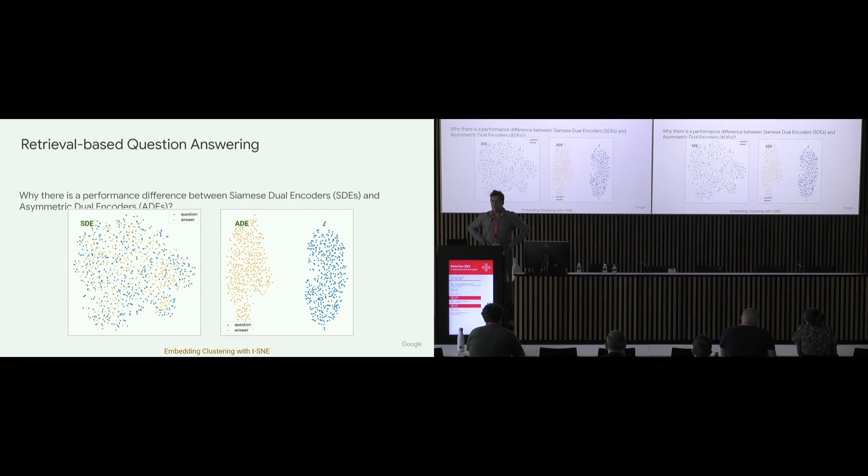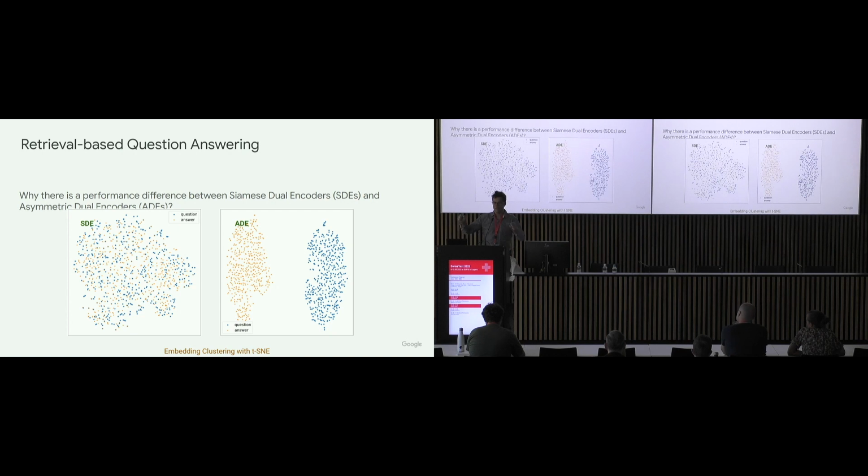So then we tried plotting the embeddings for both questions and answers on a two-dimensional space. And this image makes it pretty obvious what is happening here. In the asymmetric dual encoder, when you have two separate towers with different parameters, each of the two towers is projecting the input to different regions in the space.